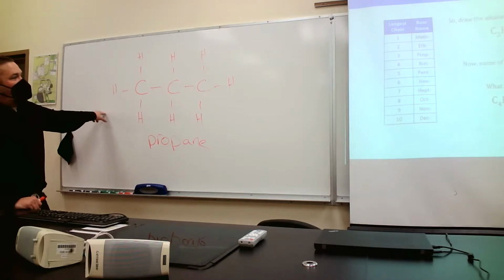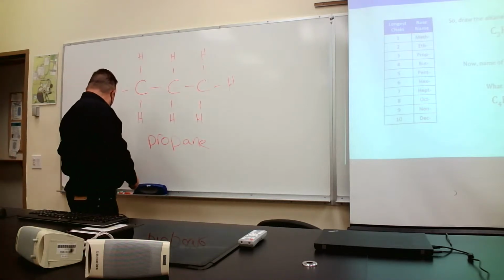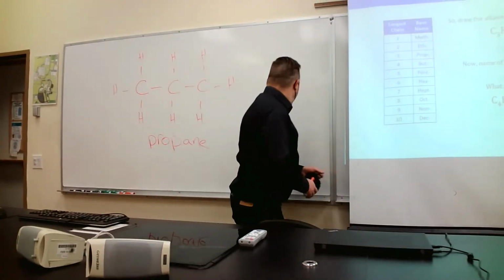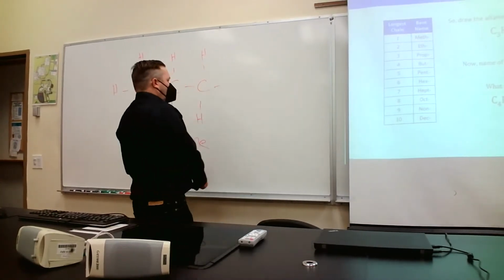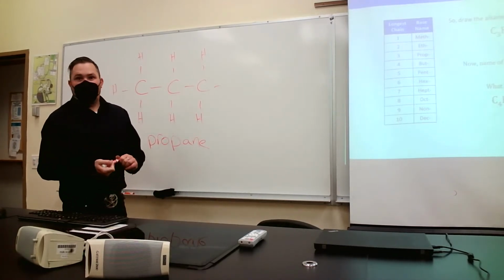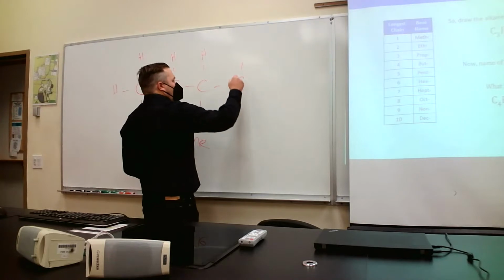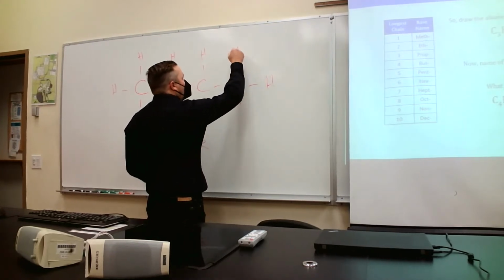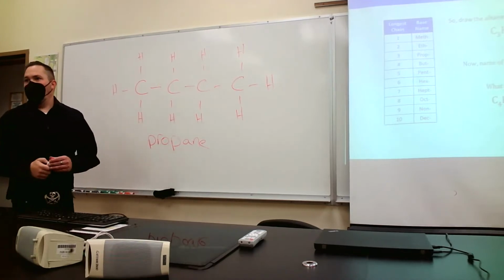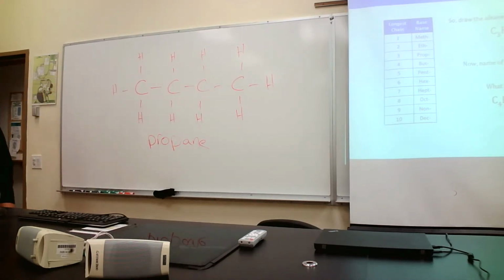If it's C4H10, adding one more carbon and two more hydrogens, right? So the simplest way to draw it would just be 4 carbons in a row. That adds 2 more hydrogens.